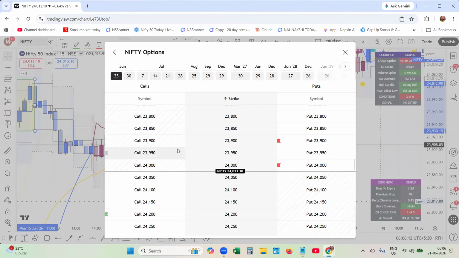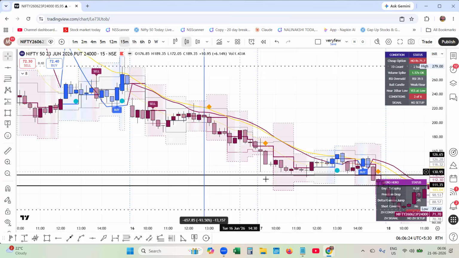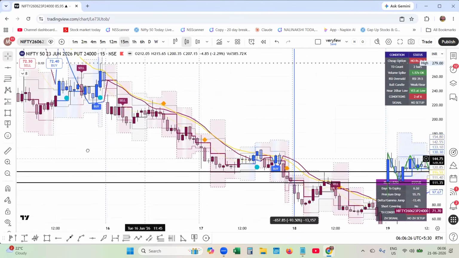Okay, yesterday was a down day. For a while, the put option acted as a hero zero zone here.